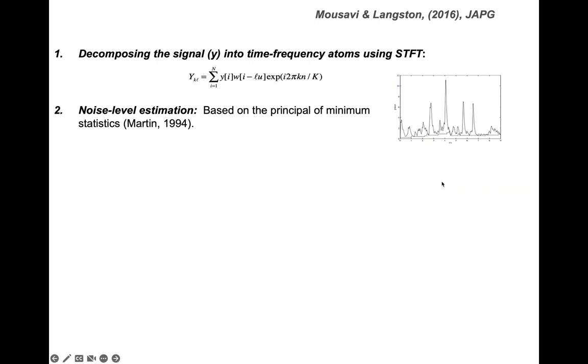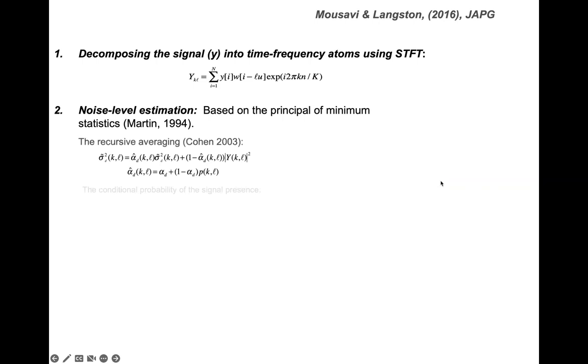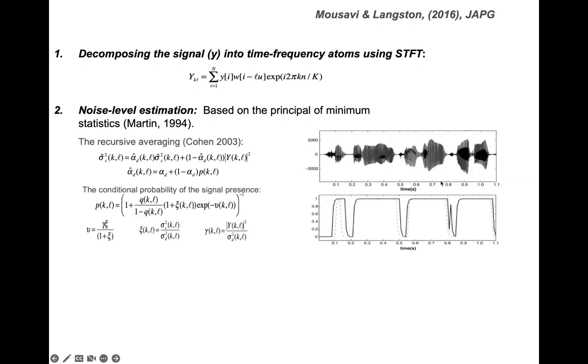Based on this, we use a more mature recursive averaging approach proposed by Cohen, where the averaging is done by time varying, frequency dependent smoothing parameters that are adjusted by the probability of a signal's presence. This procedure basically consists of two iterations of smoothing and minimum tracking. In the first iteration, a rough estimation of signal presence is made in each frequency band.